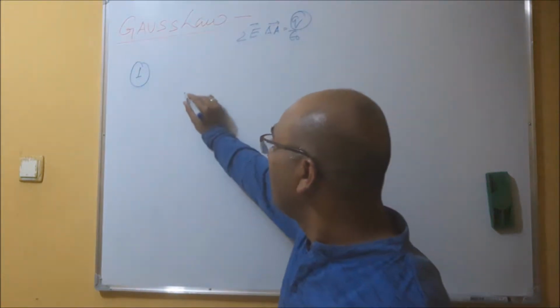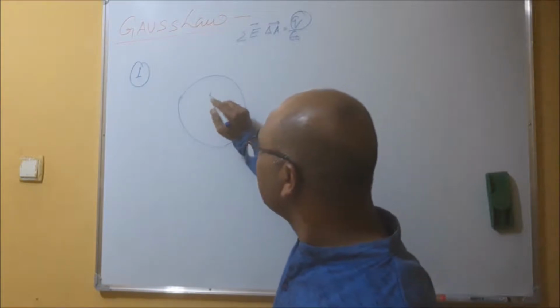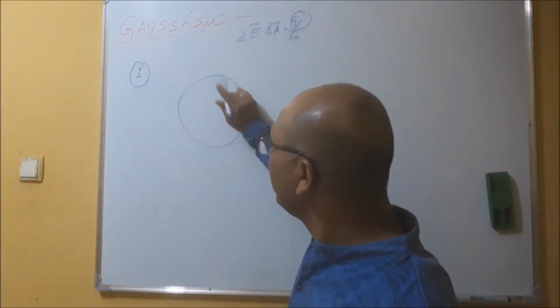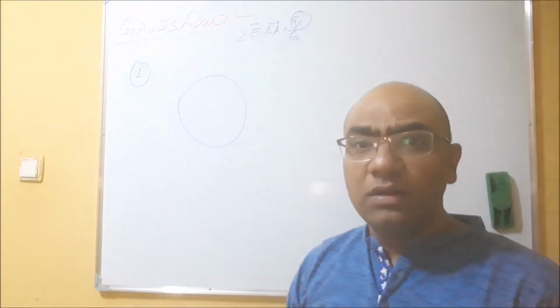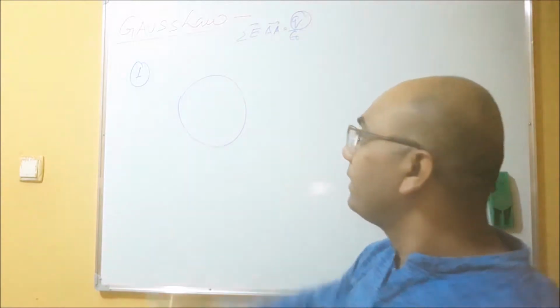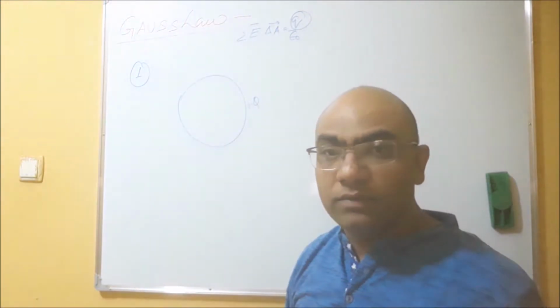For example, the charge is distributed like this, on the surface of this metal, right?